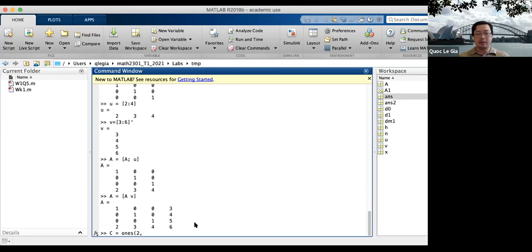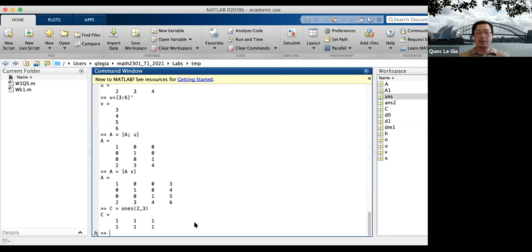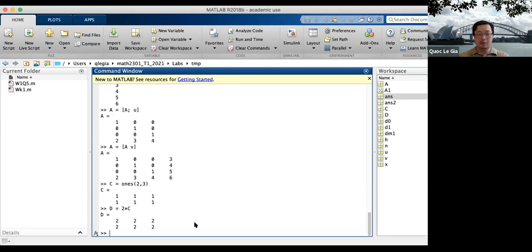Okay, so now let me type in this matrix C. So 1, 2, 3. Okay. So this is my matrix C, and then matrix D is just 2 times C. Okay. And matrix E is just C, D, 1, 2, 1, 2.